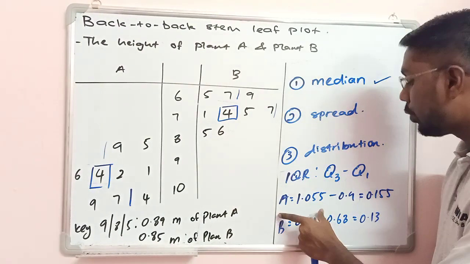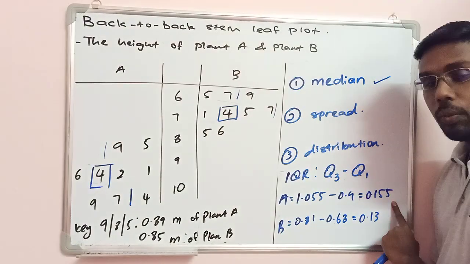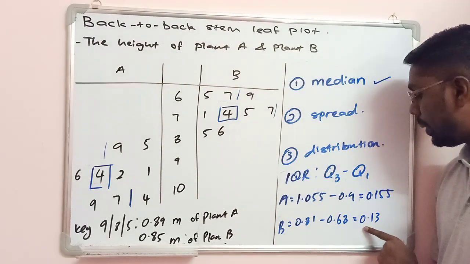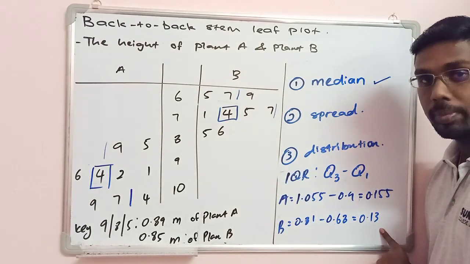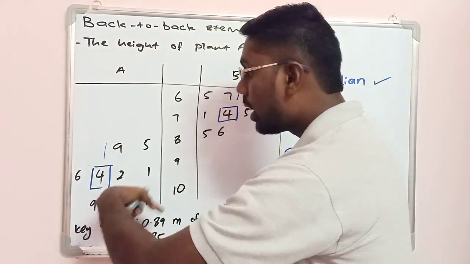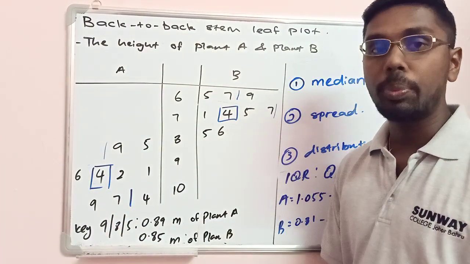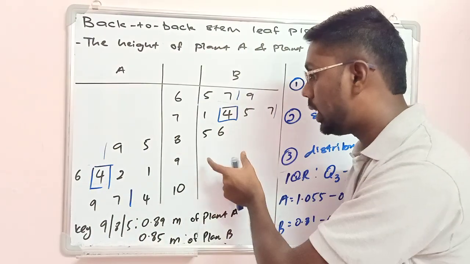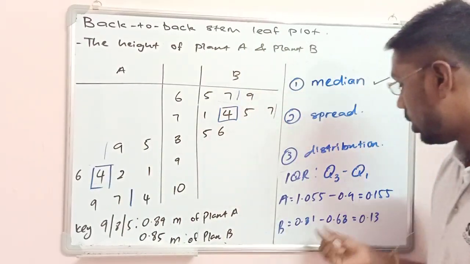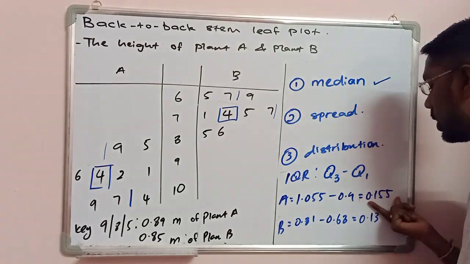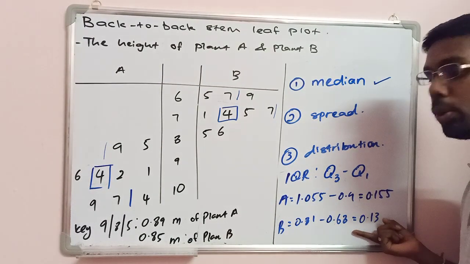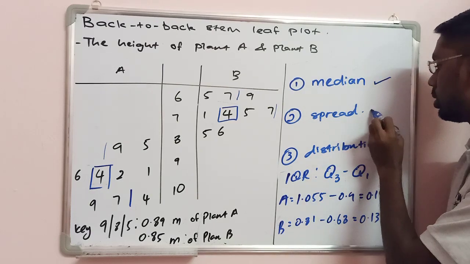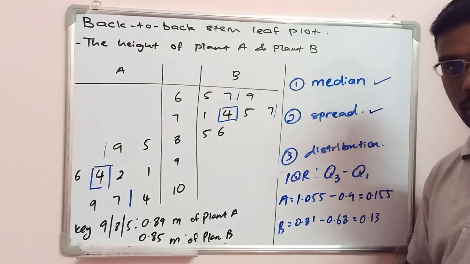The interquartile range for A is 0.155, which is slightly higher compared to the interquartile range of B, which is 0.13. Therefore, A has a wider spread compared to B, because the interquartile range for A is higher compared to B. Okay, so that is about the spread.